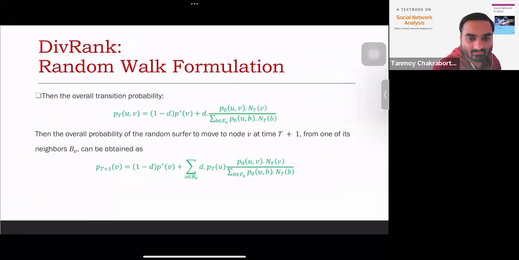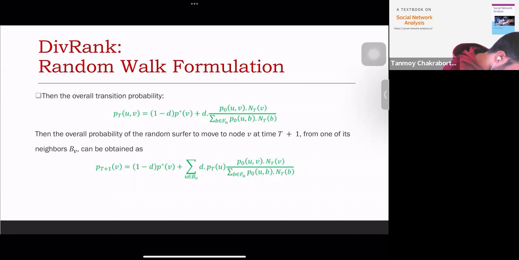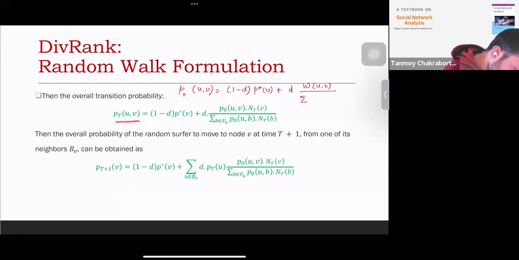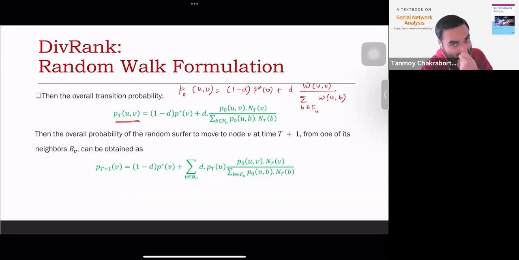If you understand the intuition, the formulation is very clear and straightforward. We have earlier seen that in the case of PageRank, this was simply P(0)(u,v) = (1 - d) prior + d times w(u,v) divided by the sum over all b belonging to forward of u of w(u,b).